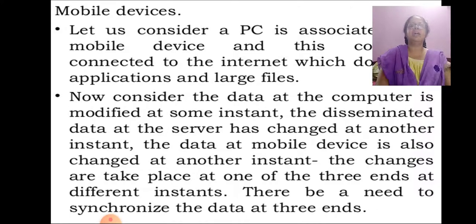The data at the mobile device is also changed at another instant. The changes are taking place at one of the three ends at different instants. There is a need to synchronize the data at the three ends.